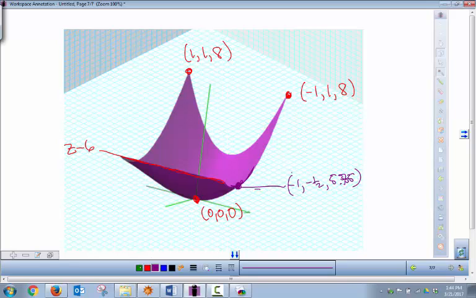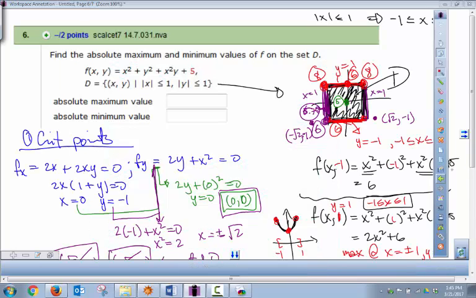Oh, by the way, this is 5 here, 0, 0, 5. And then we found another dip over here. Remember that other dip? I think that was a 0, +1, and a height of 6.